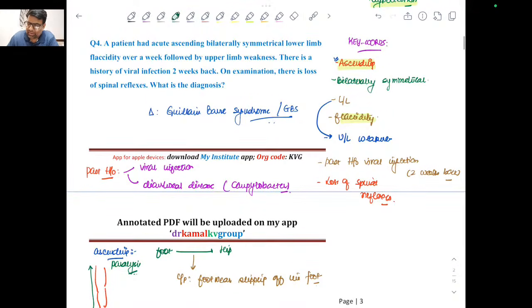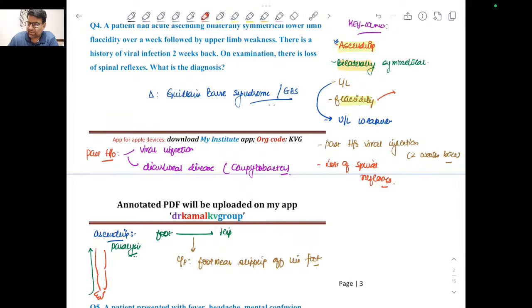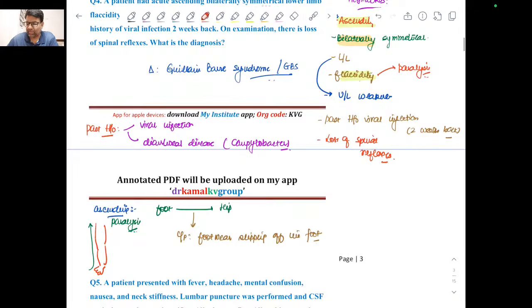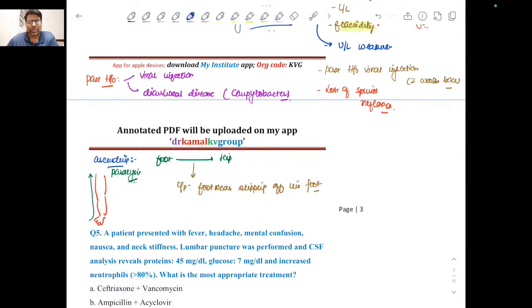Now bilaterally symmetrical means it is involving both the lower limbs, almost the same, and flaccidity. Now flaccidity means what? This is paralysis. Okay, so there is paralysis, and this is followed by upper limb weakness. So this is all classical for, predominantly, motor involvement, muscular involvement.